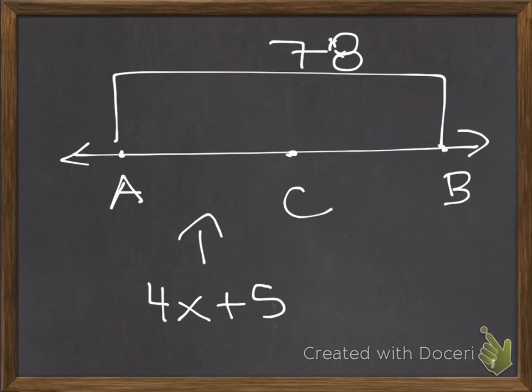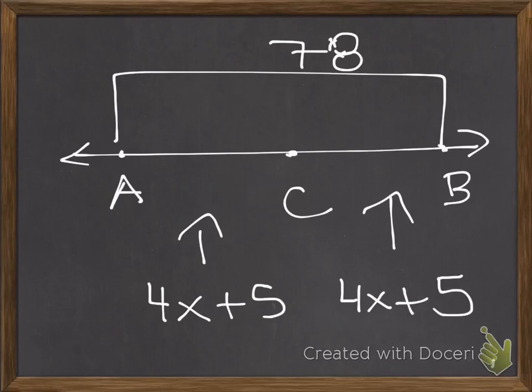Okay, so what you could do here, you could do two different options. You can either divide 78 by 2 and put that equal to 4x plus 5, because that's half of the line. Or you could do 4x plus 5, and since the other part is going to be the same, you could do 4x plus 5 plus 4x plus 5 equals 78 and solve that way.